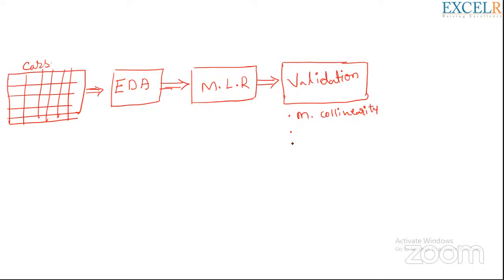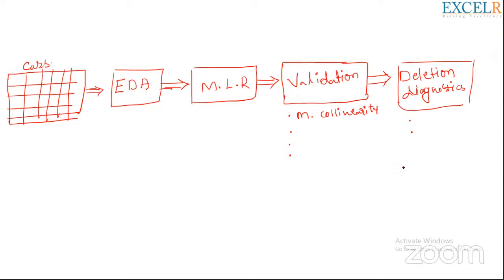Then we are going to discuss a few more things as part of this model validation technique. And then after that, deletion diagnostics. Here also we are going to discuss a bunch of techniques.